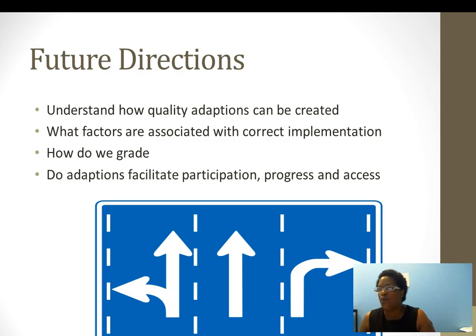For future directions, novice teachers need to understand how quality adaptations can be created, what factors are associated with correct implementation, how we grade and assess that, and how adaptations facilitate participation, progress, and access.